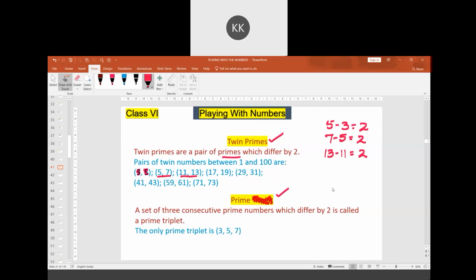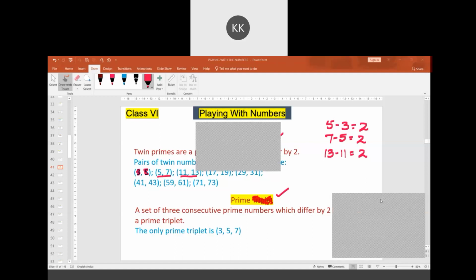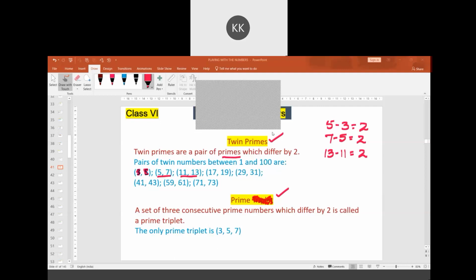Now Srinivas is having a doubt. Let's ask Srinivas what his doubt is. Yes, Srinivas, you can unmute. No doubt, sir. You are showing a different emoji.